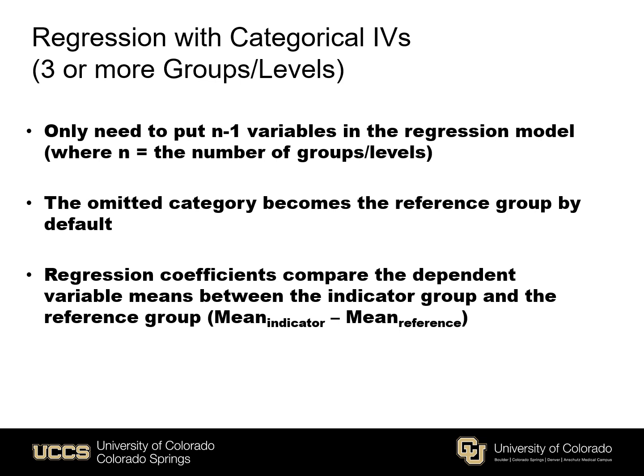Then whatever omitted category or group that is becomes the reference group by default. When the regression is run and the coefficients are generated, those coefficients will compare the dependent variable means between the indicator group and the reference group. That is, the mean of the indicator group minus the mean of the reference group.